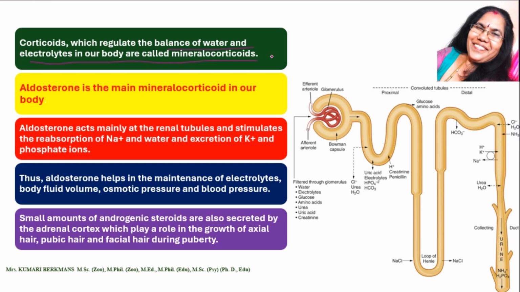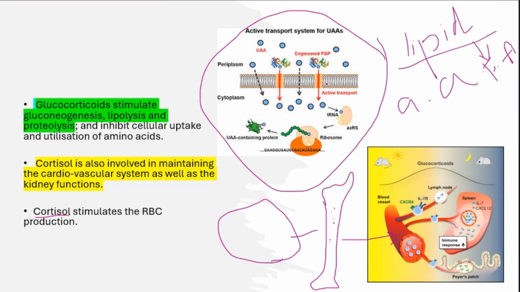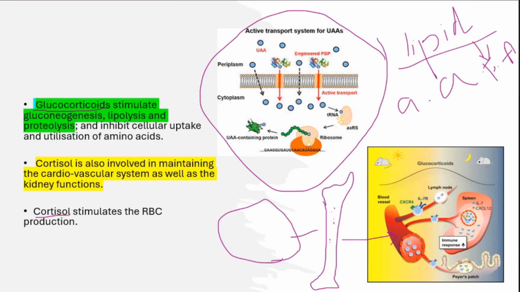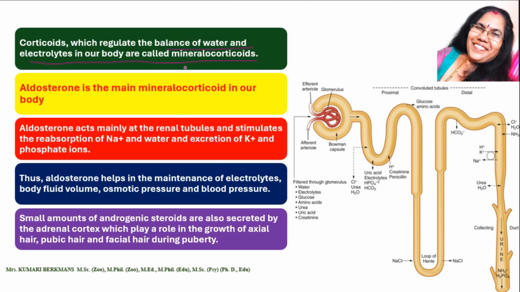Already we have seen one corticoid, glucocorticoids, which take part in carbohydrate metabolism. Another corticoid is called mineralocorticoids. What does mineralocorticoid do? They maintain or regulate the balance of water as well as electrolytes.